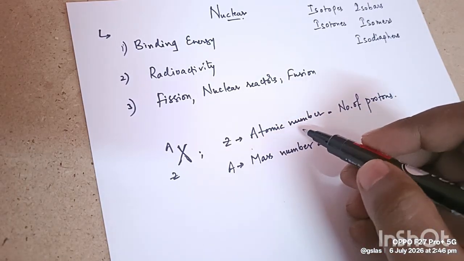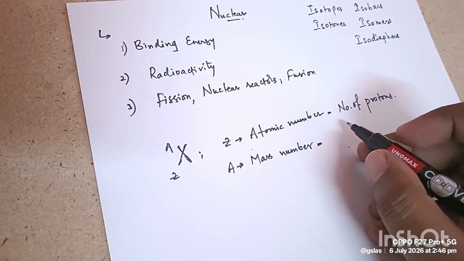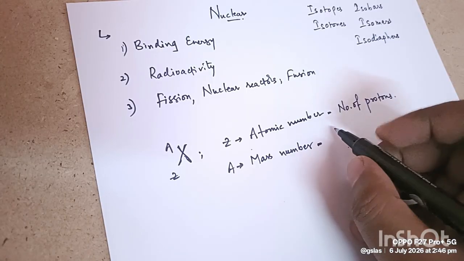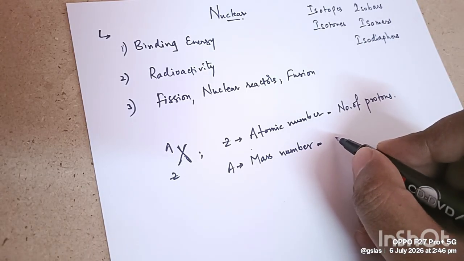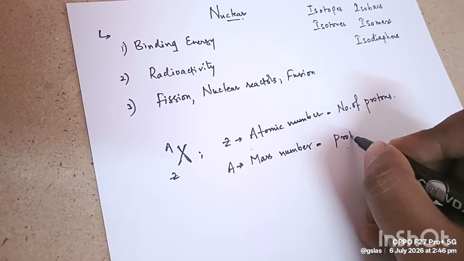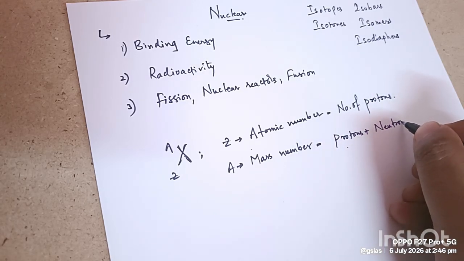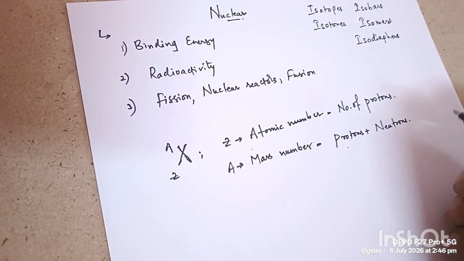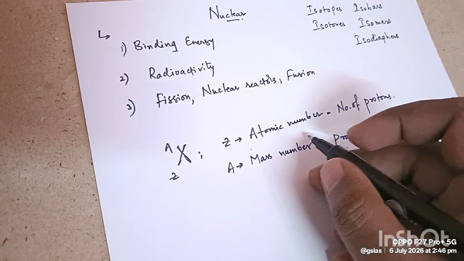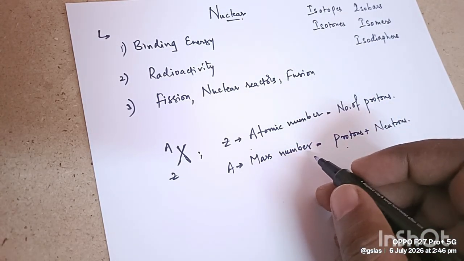So Z is the characteristic property of a given element, and A is the mass number, which is the sum of protons and neutrons, right? So A can vary, right?